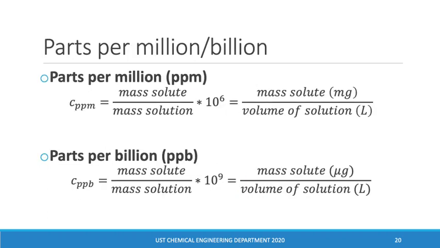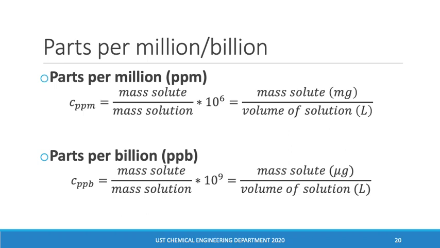For very dilute solutions, or solutions with very small amounts of solute, it is more convenient to use parts per million or parts per billion to express concentration. This is done so that simple digits may be used instead of scientific notation. Parts per million may be obtained by dividing the mass of solute by the mass of solution and multiplying by 10 raised to 6.